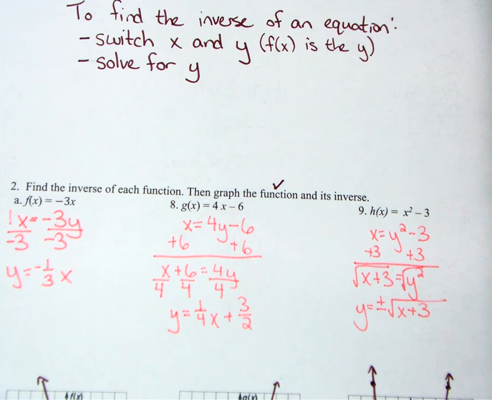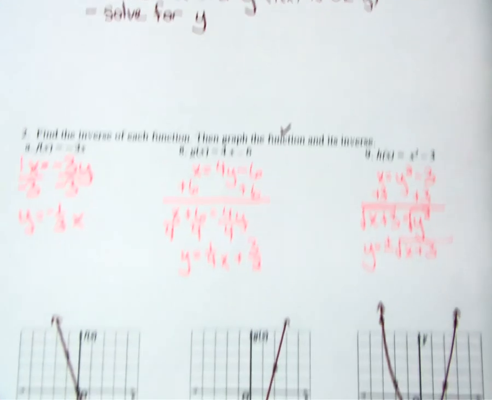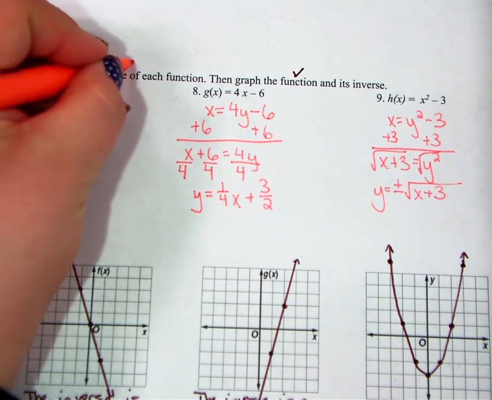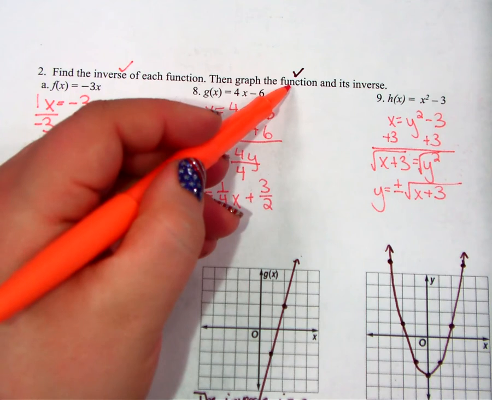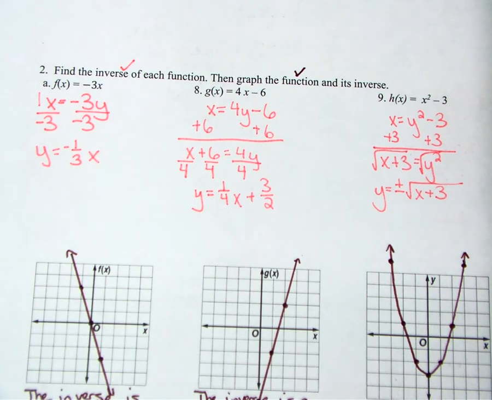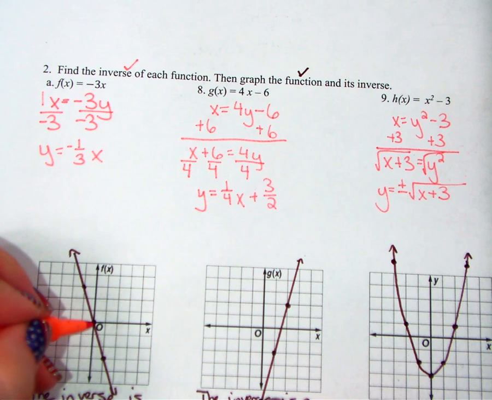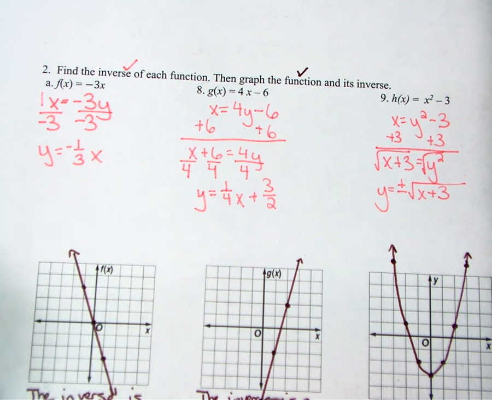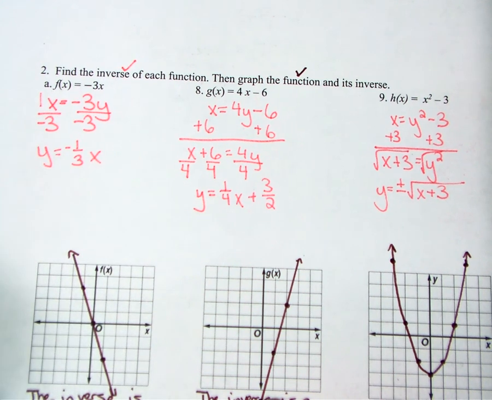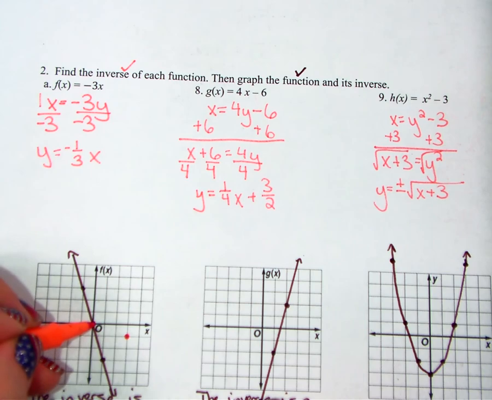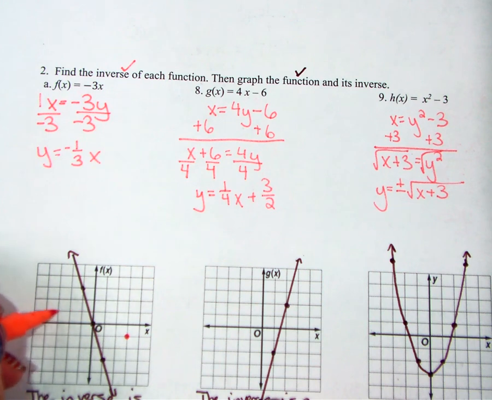So let's go back and actually graph each one of these. Because we found the inverse of each of the functions. We've graphed the original function. Now we have to graph its inverse. So the y-intercept here is 0. And the slope was negative 1/3, so down 1 over 1, 2, 3. Up 1 over 1, 2, 3.